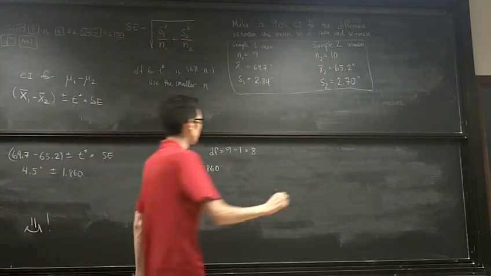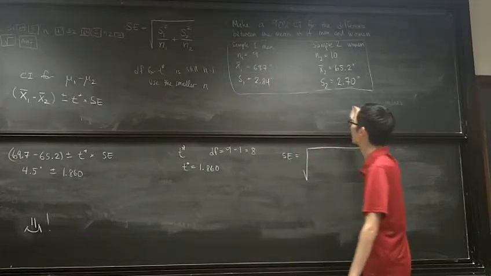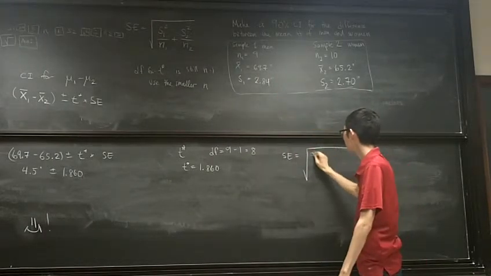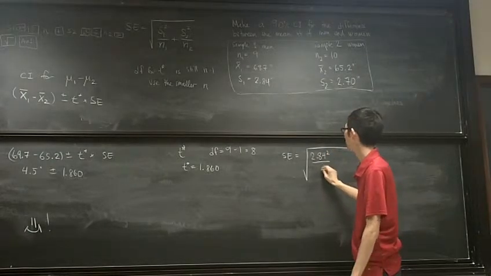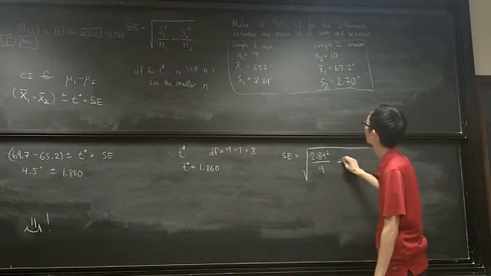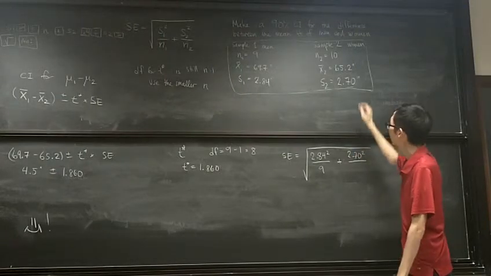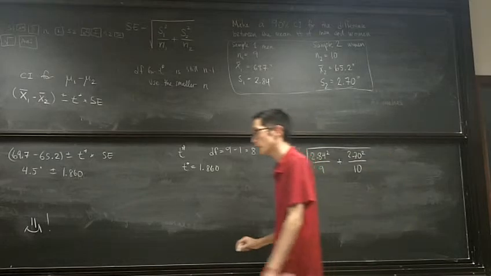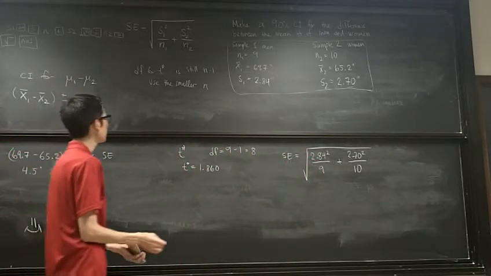Standard error. We're just going to plug in the numbers that we have into the standard error formula: 2.84 squared over n1, 9, plus 2.70 squared over n2, 10. Some of you are asking, how do I punch this into my calculator?